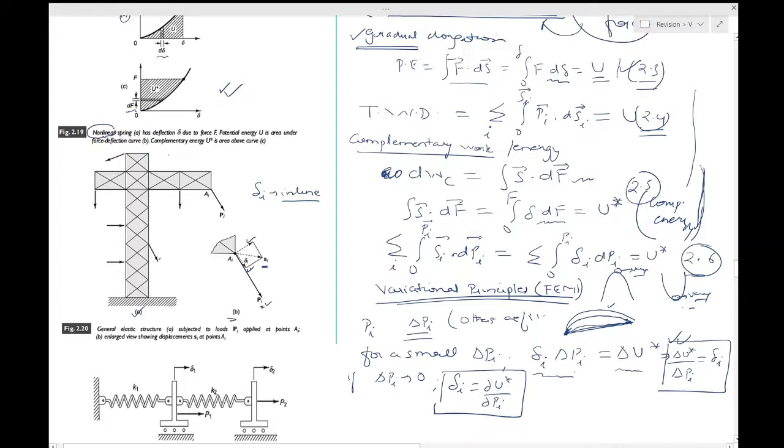This is just the definition of a derivative, and we are using the symbol dou just to indicate partial differentiation. U can be a function of many things, and here it can be written in terms of the loads P and other things as well, but you differentiate with respect to the loads. So this is called Castigliano's theorem.